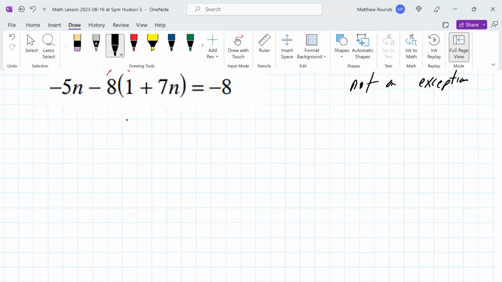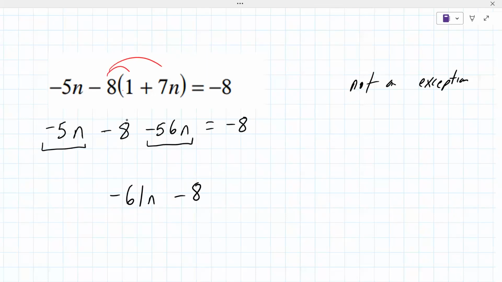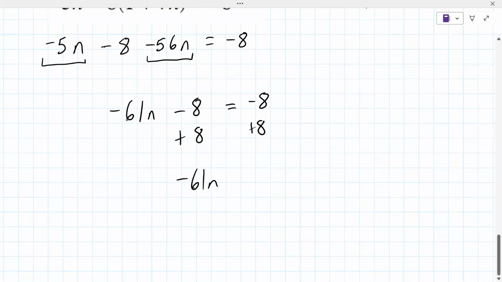This becomes -8 minus 56n minus 5n. Then you can combine like terms: minus 5n and minus 56n is minus 61n, minus 8 equals -8. Add 8 to both sides. Minus 61n equals 0, divide by -61, and n equals 0.